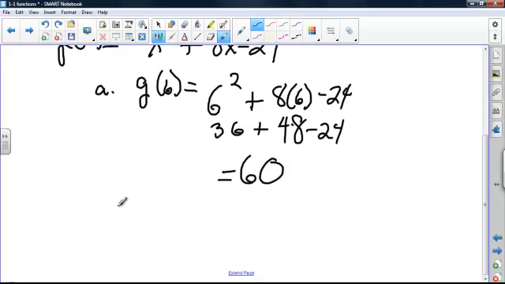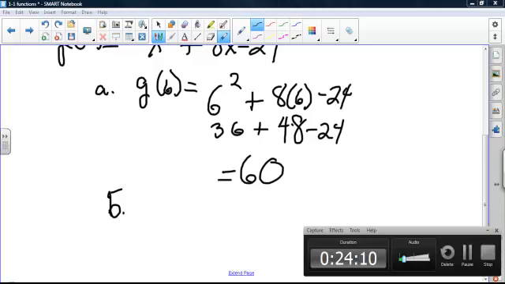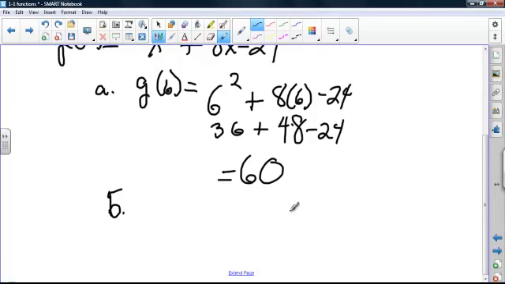Now, B. Occasionally, instead of putting in a number, they will ask you to put in another variable. For example, they could ask you for g of h.